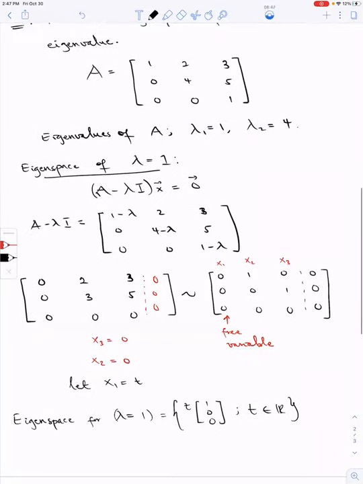Overall, if I was only interested in the eigenvectors, it would have been the exact same set, but the difference is that t cannot be equal to 0. So that is the distinction between the eigenspace and the eigenvectors.